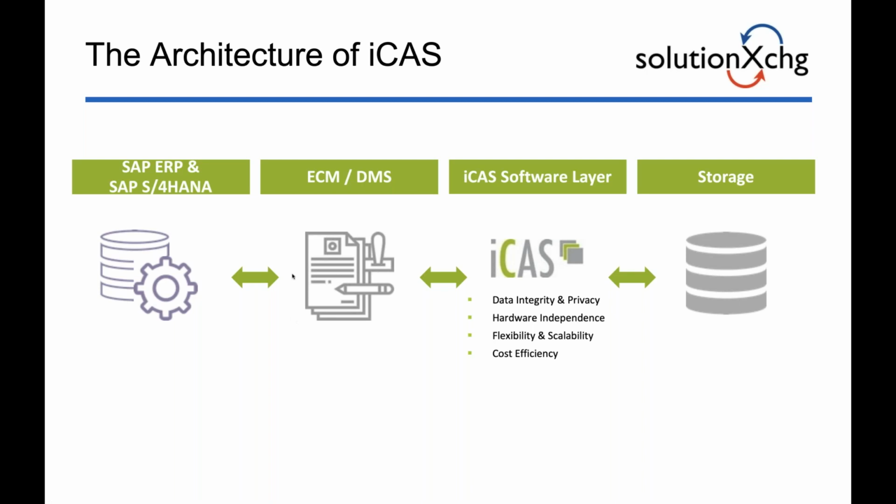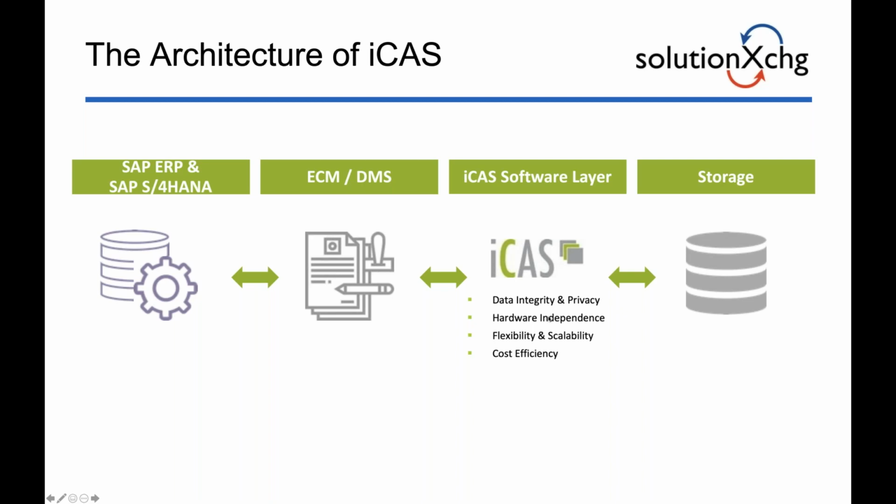And from then on, that system then writes those individual files, if you're thinking of documents, the PDF files, if you're thinking of data archiving, the ADK files, to the ICAS software layer, which is a middleware sitting between these document and content management systems and the storage.